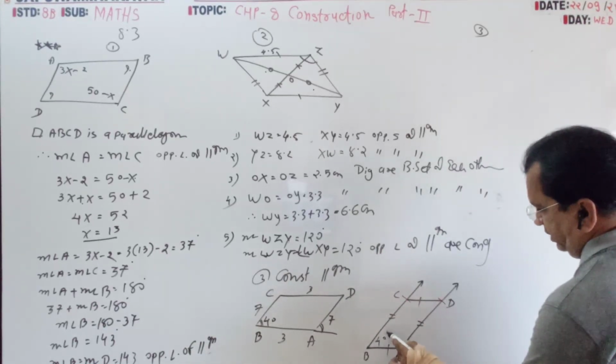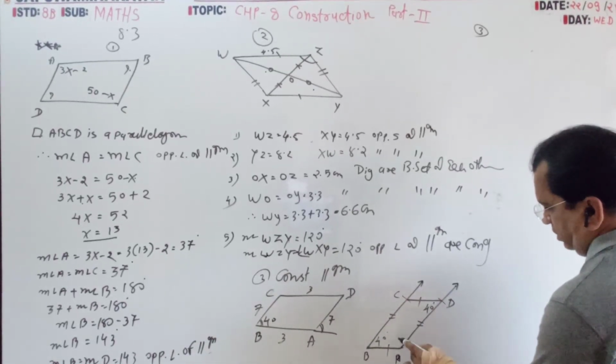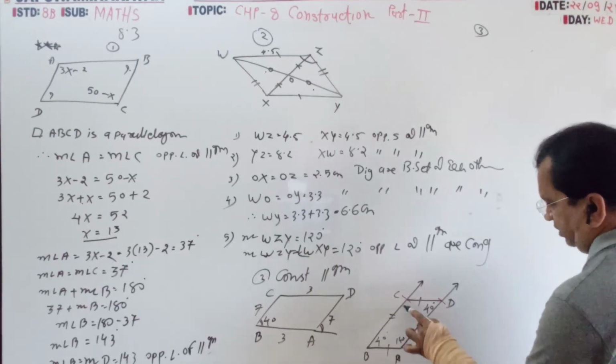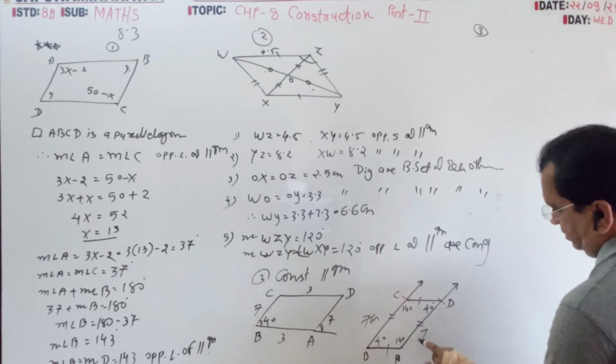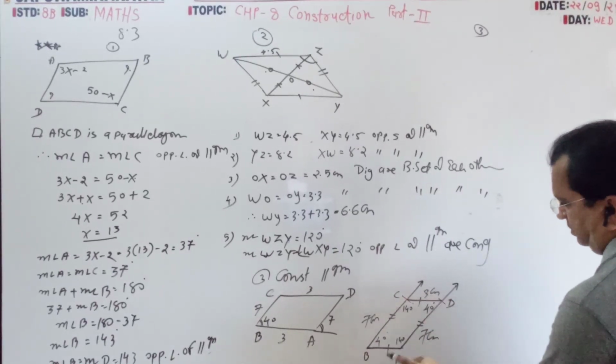This is 40 degrees, this is also 40 degrees. This is 140 degrees because total is 180. 140 degrees. This is 7 centimeters, 7 centimeters, 3 centimeters, 3 centimeters.